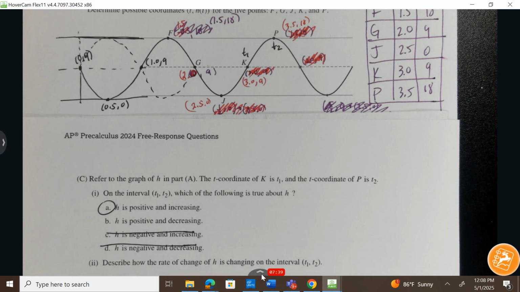How is the rate of change on this function H from T1 to T2?